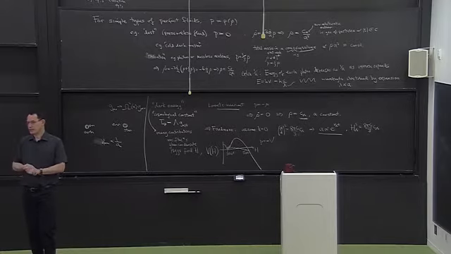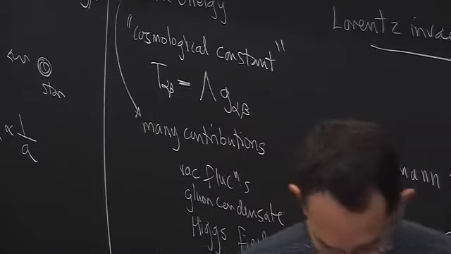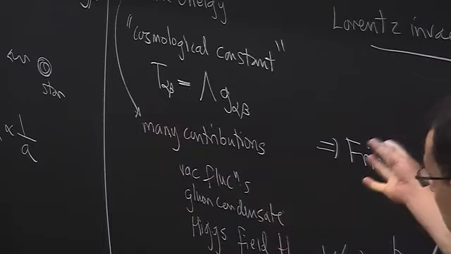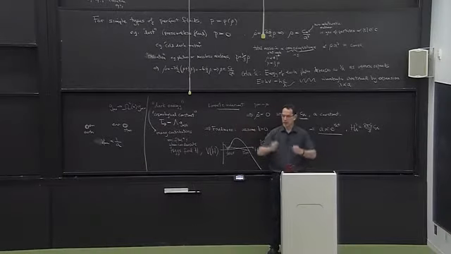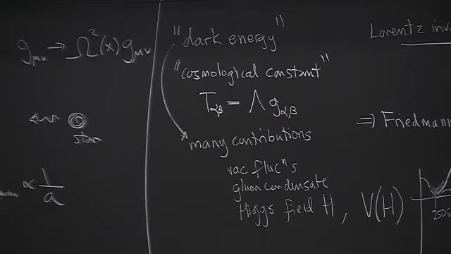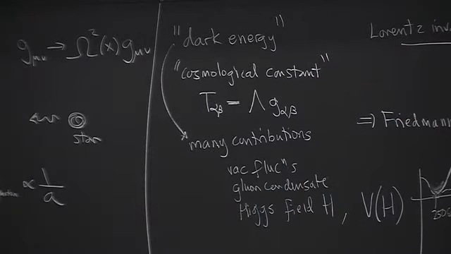So people thought about this in the 20s, in fact earlier. It was Einstein's first cosmological model, as I'll show you right now. And then when the universe was realized to be expanding, they said, aha, maybe this lambda is really what's pushing the expansion. And so this idea has kind of recurred again and again. And then finally, in the late 1990s, lambda was measured and found to be positive.